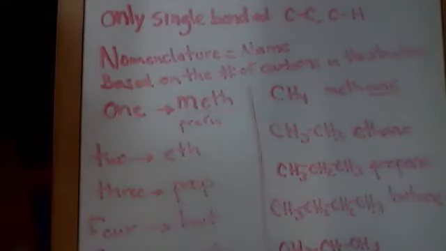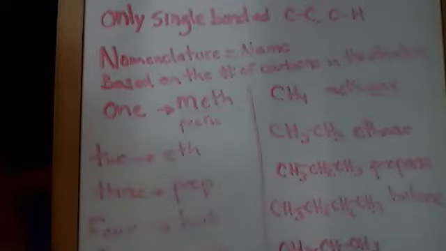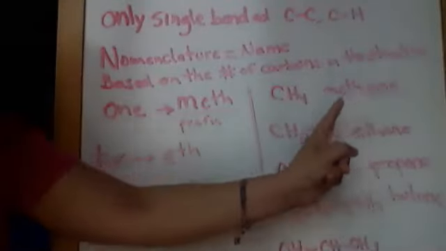Then we have but for referring to 4 carbon atoms. So I need you to repeat every morning before you stretch yourself: meth, eth, prop, and but. If you learn these prefixes, you should be able to name alkanes, alkenes, and alkynes, because the only thing that is going to change is the termination or the suffix of the name.